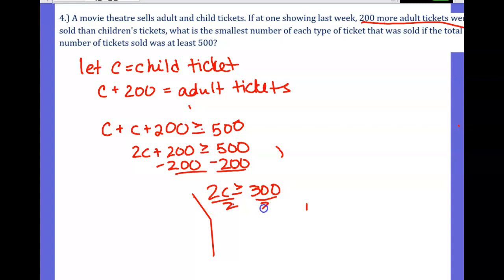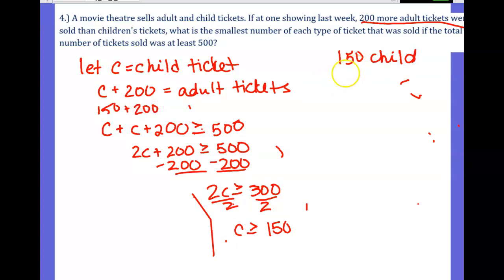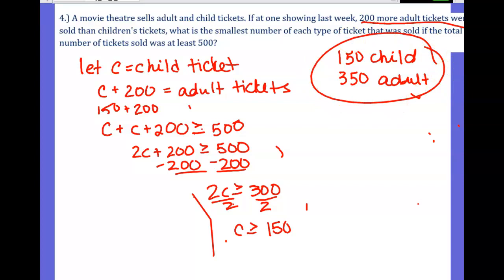We divide by 2, and C is greater than or equal to 150. That means we've got 150 child tickets, and then we take 150 and we add the 200, and that's how we get 350 adult tickets. Okay.